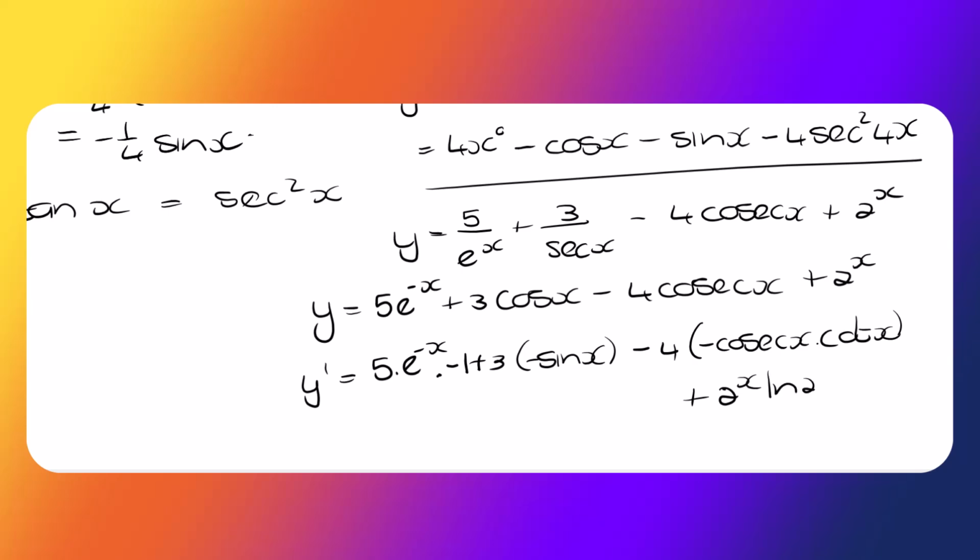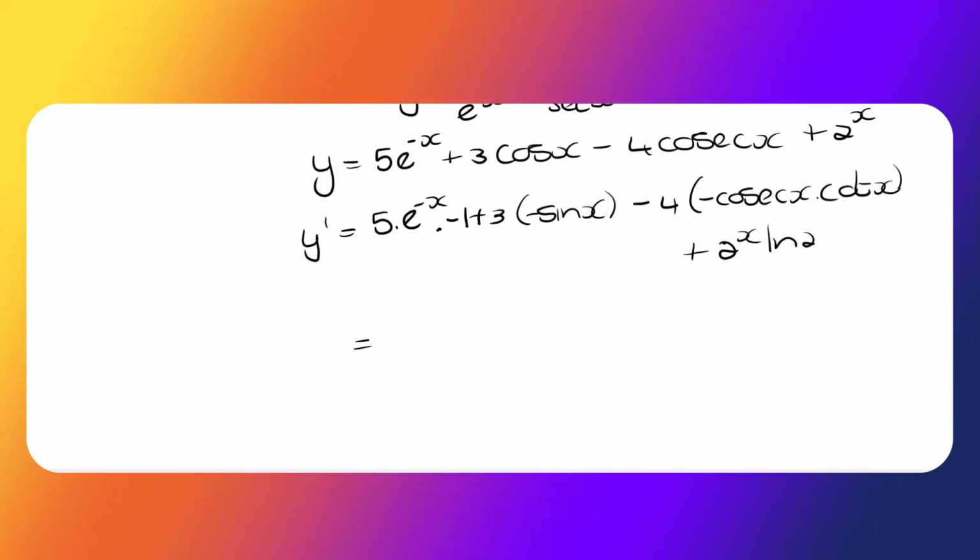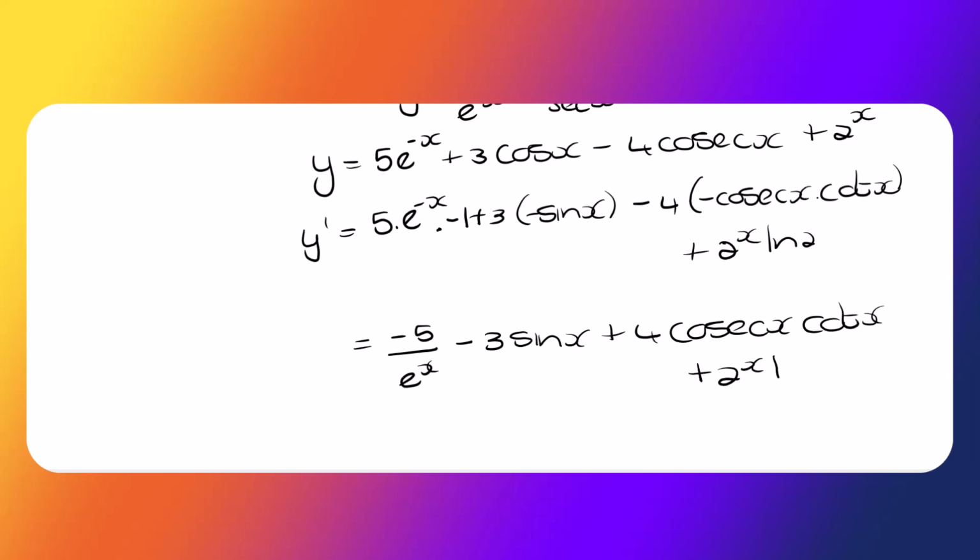It's also on your formula sheet. It's your second one. So if we write this down, I'm going to have negative 5 e to the exponent negative x. Then I'm going to have negative 3 sine x plus 4 cosec x cot x plus 2 to the x ln 2.